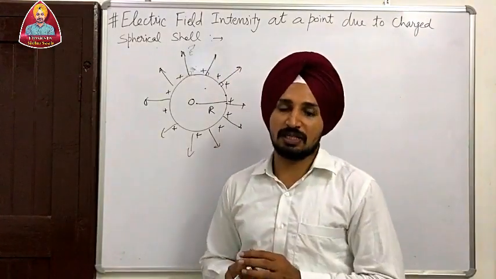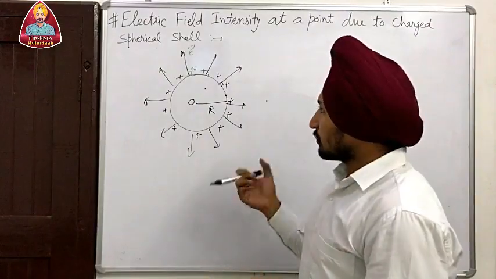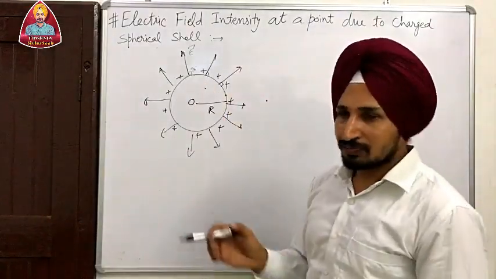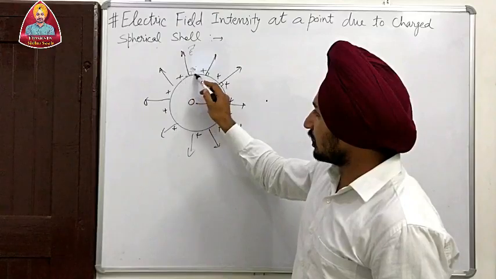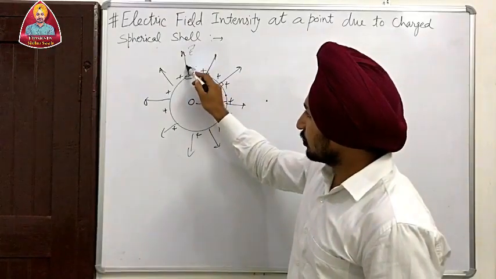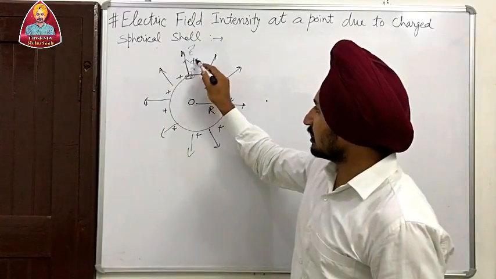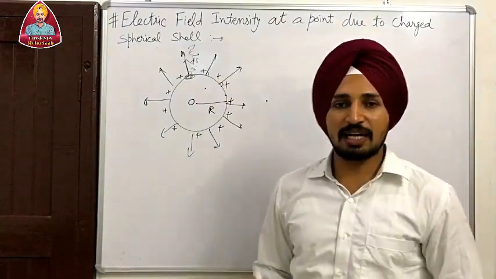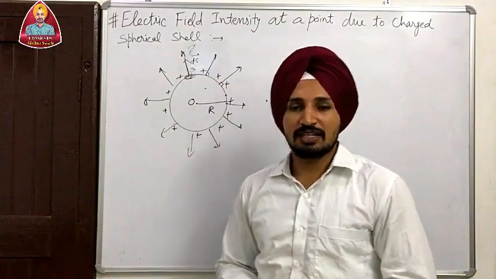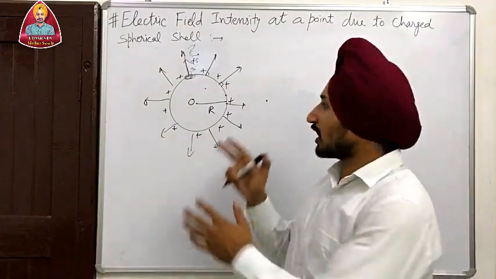The surface area vector is normal to the surface. So we can say that the surface area vector ds and the electric field intensity E vector are in the same direction at every point.